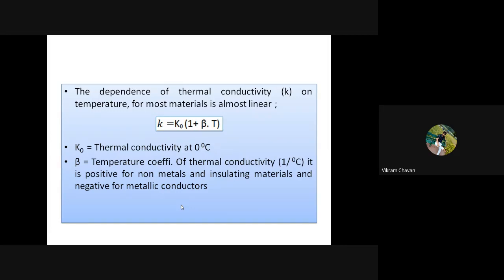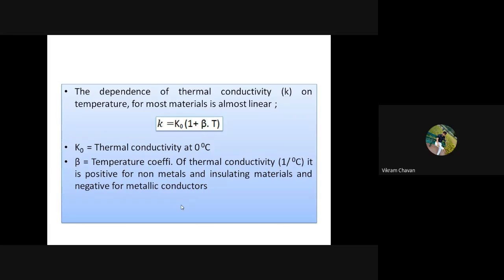Its unit is 1 upon degree Celsius, or 1 by degree Celsius, or inverse of temperature, degree Celsius raised to minus 1. So that is inverse of degree Celsius.